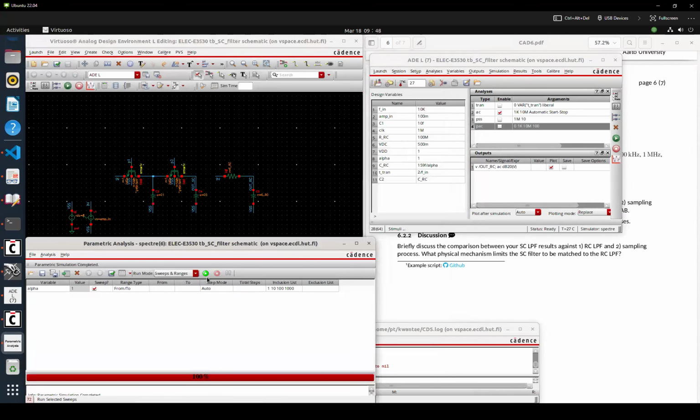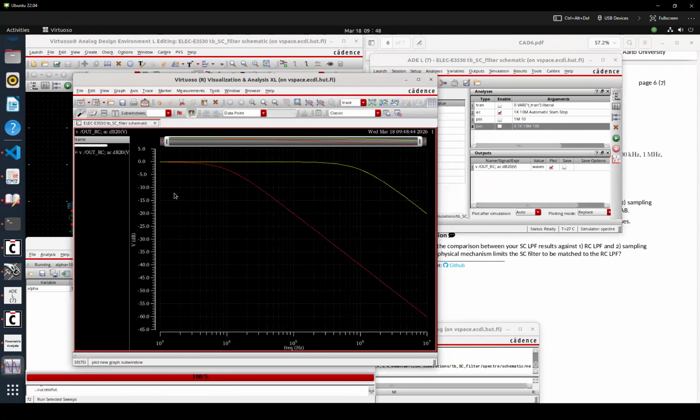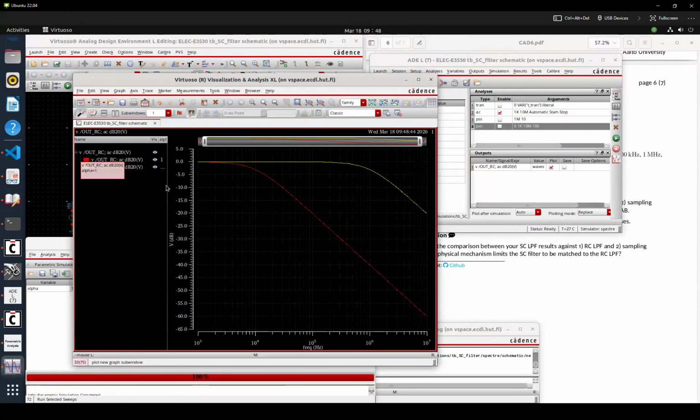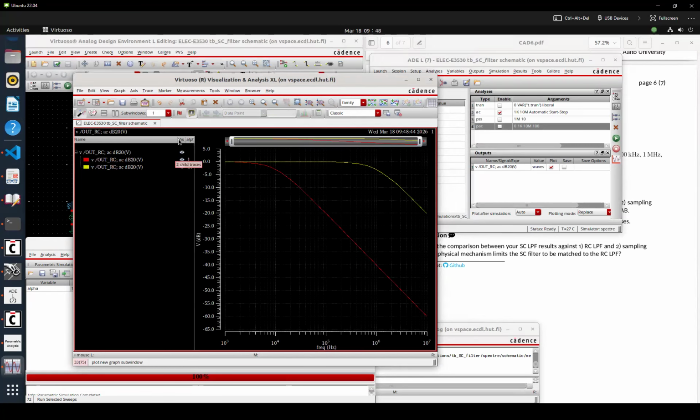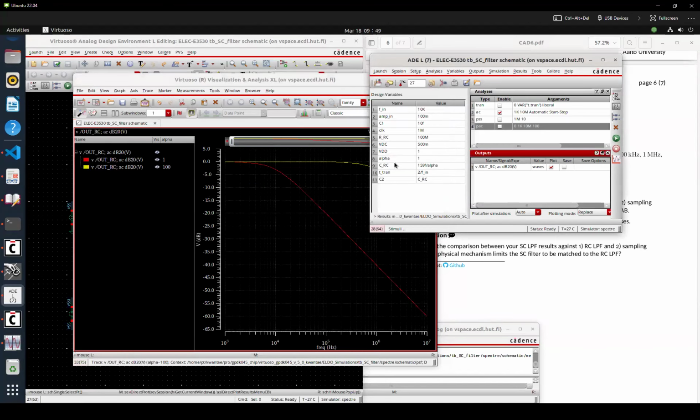And let's run the parametric sweep. Sometimes it gets stuck like this. So it runs only for the 1 and 100 cases. So in this case, let's run manually.